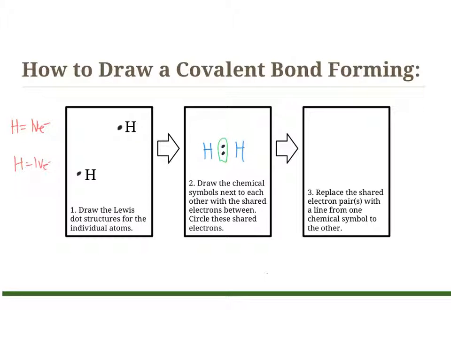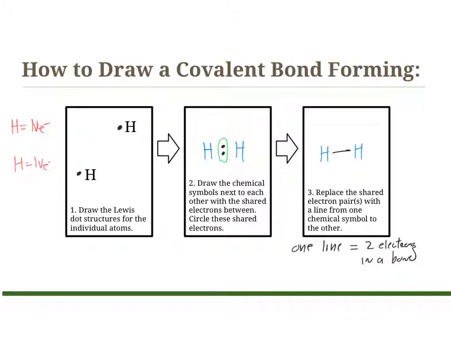And then the last thing I'm going to do is replace my circle and the two electrons with a line. So one line equals two electrons in a bond. And that's really important to know.